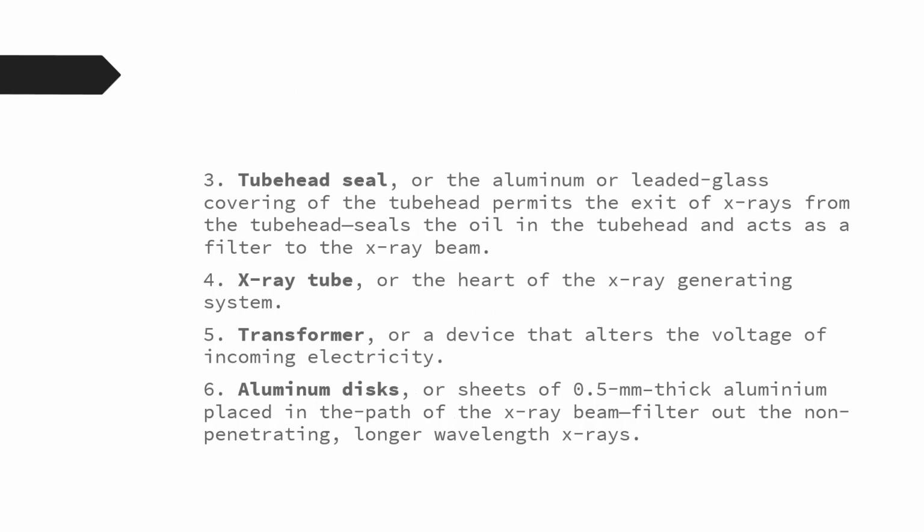We have transformers, and this alters the voltage of the incoming electricity, all right? We have the aluminum discs, and they are 0.5 mm in thickness, placed in the path of the X-ray beam, and they filter out the non-penetrating longer wavelength X-rays, right?